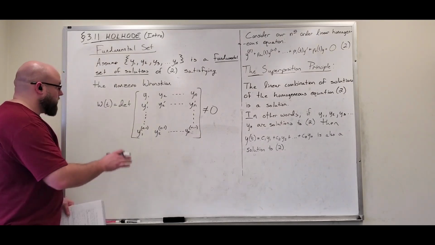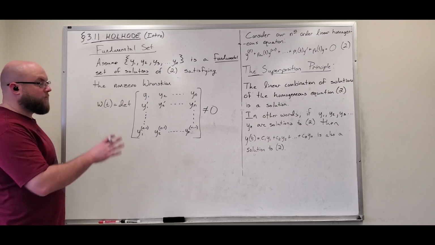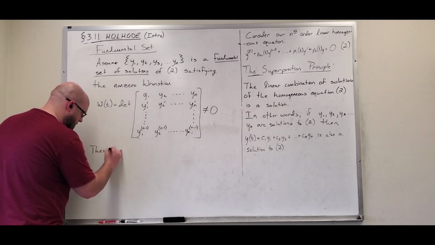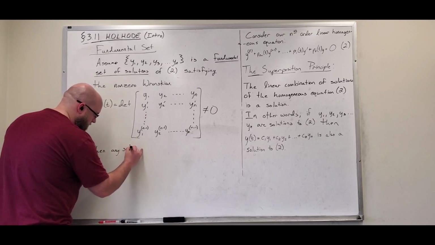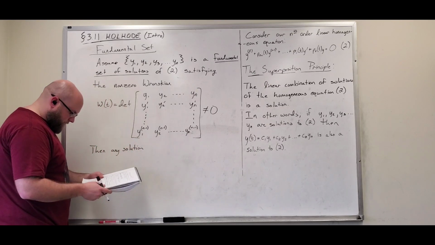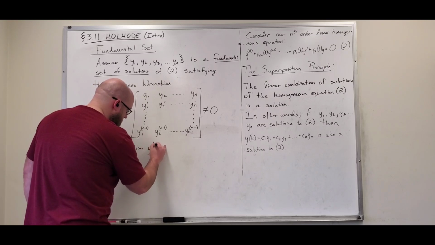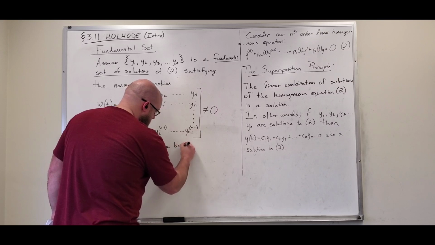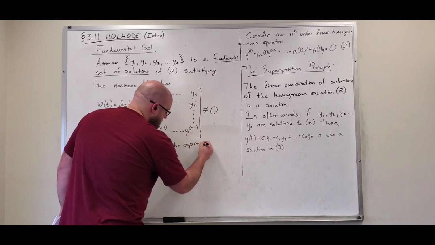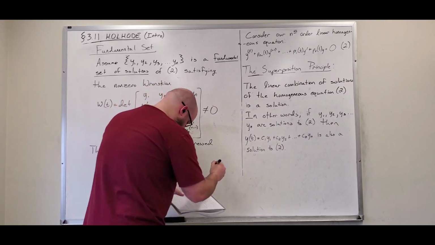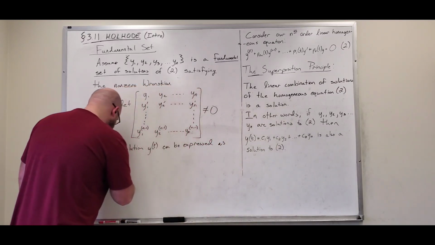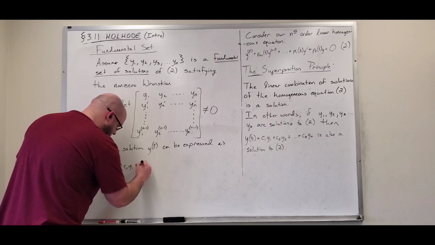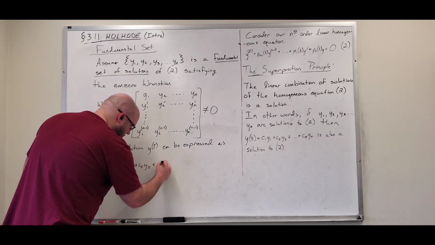All right. So provided that this occurs, again, we're talking about a fundamental set, then any solution y of t can be expressed as y of t is equal to c1 y1 plus c2 y2 plus so on.